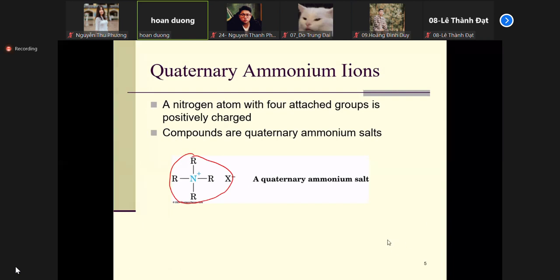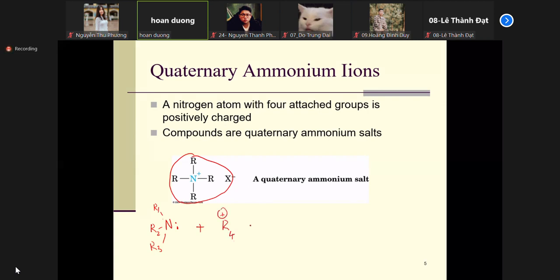First, if you want to understand this one, you should understand this one very easily. If you have nitrogen with R1, R2 and R3, you still have a pair of electrons. You have a tertiary amine, and now you react it with one more R plus, R4.